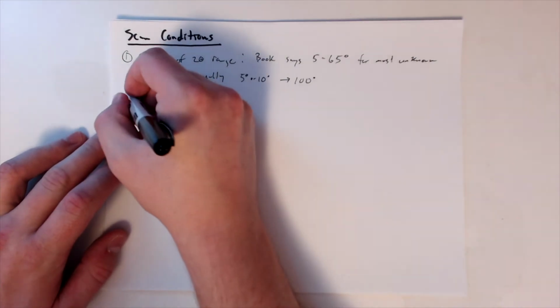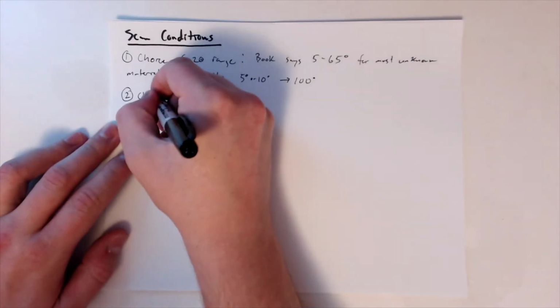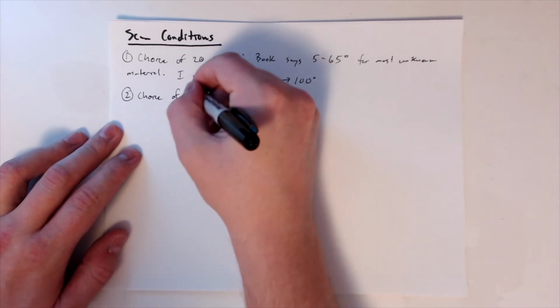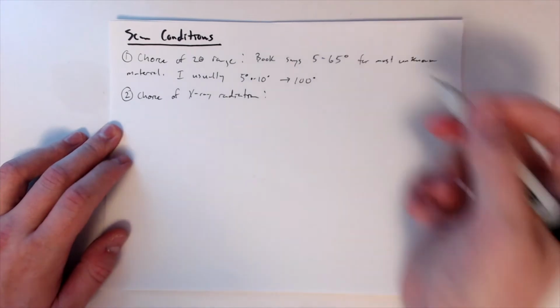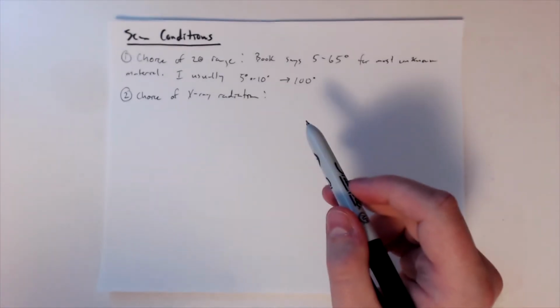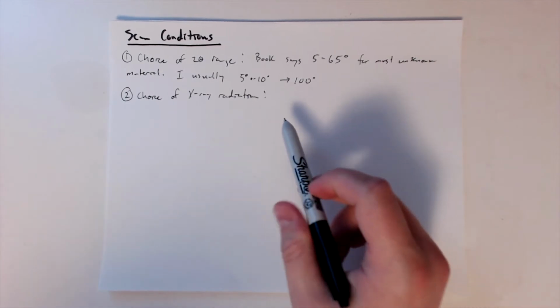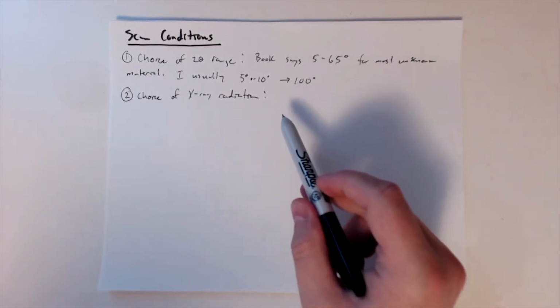All right, so after you've selected what range you want to look at, then we'll talk about the choice of X-ray radiation. So if you're using a piece of equipment in the lab, a lot of times you don't actually have a lot of choice here. So it's whatever the machine is running at.